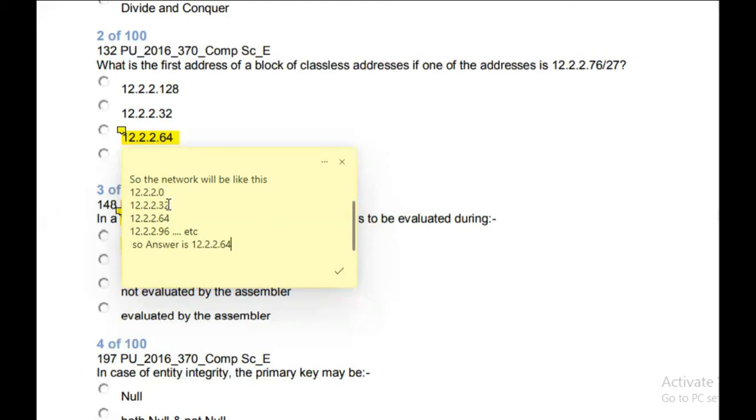So 0 to 32 is the first set, 32 to 64 the second set, 64 to 96 the third set. Our IP address is included in the third set, 64 to 96. So the first address is 64. This is the answer.